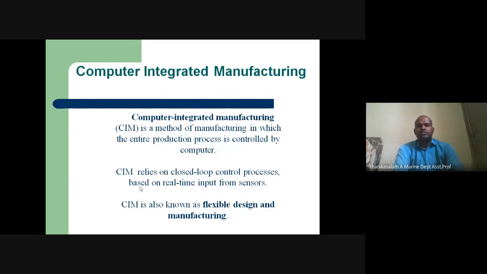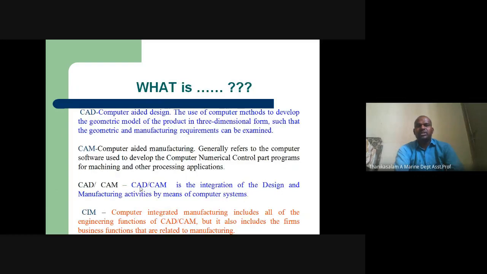We discussed what is CAD. CAD is using a computer to design a component. Design software includes AutoCAD, Pro E, SolidWorks; various designs are available. CAM means computer aided manufacturing, using a computer to machine the components.